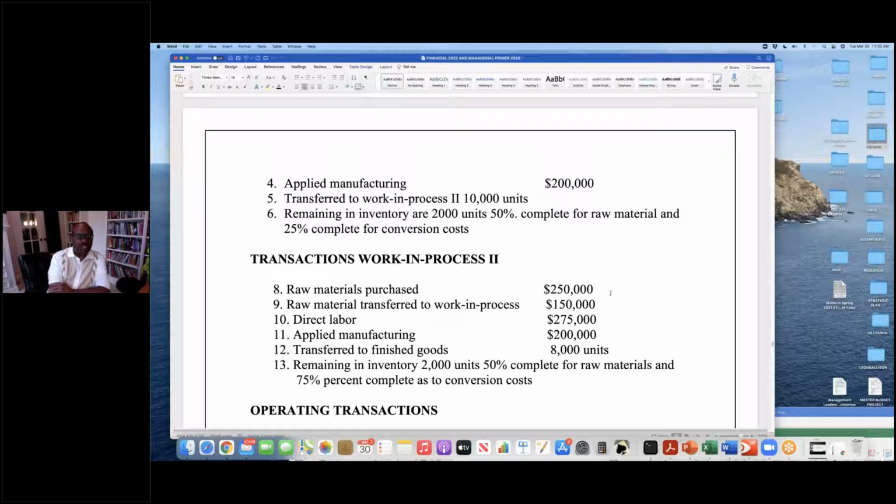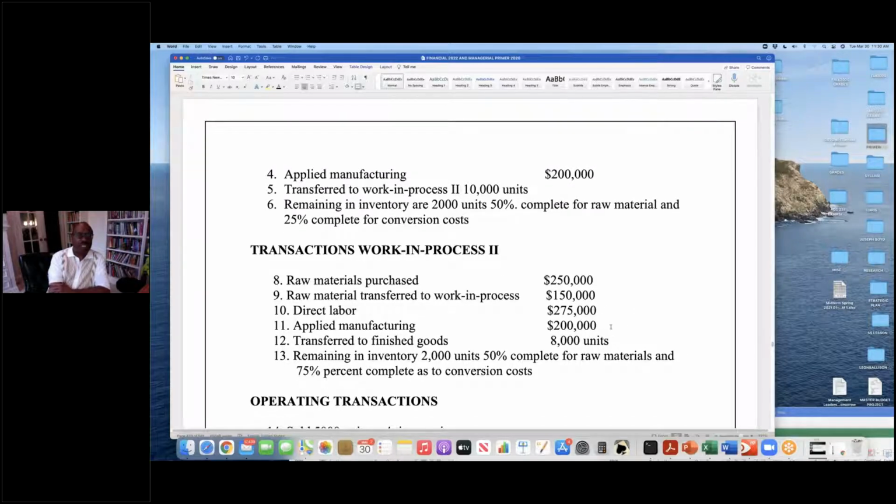Somebody was assigned work in process. I think this is team A, where raw materials purchased, transferred to work in process, labor, applied overhead. Then we transferred to finished goods 8,000 units.